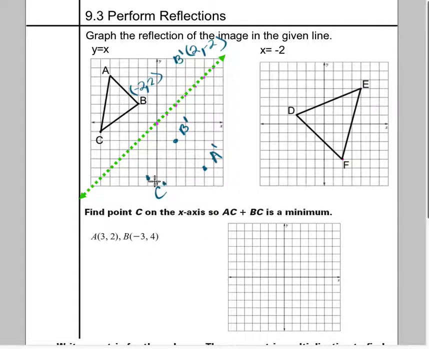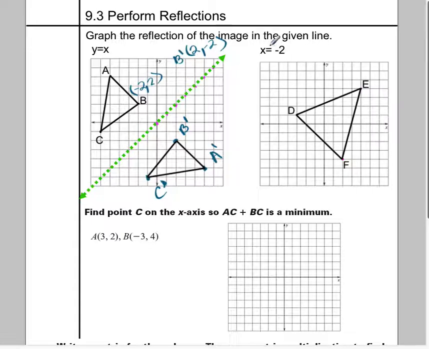Okay, this is C. I was confused about whether the prime was my point or not. There we go. Make sure your prime is obvious to you and you don't think it's your point.